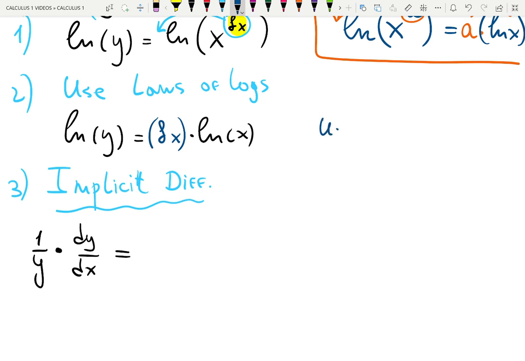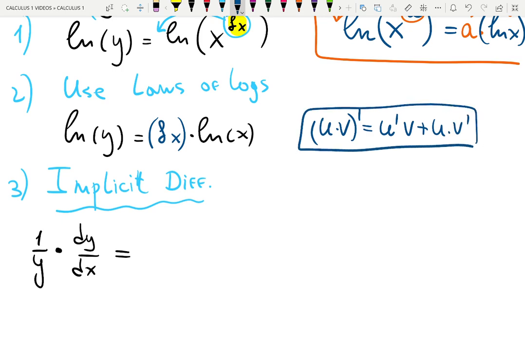The product rule says u times v, prime, is u prime v plus u v prime. We have two functions, 8x and natural log of x. The derivative of 8x is 8. Copy ln x, plus copy 8x, and differentiate ln x. The derivative of the logarithm of x is 1 over x.